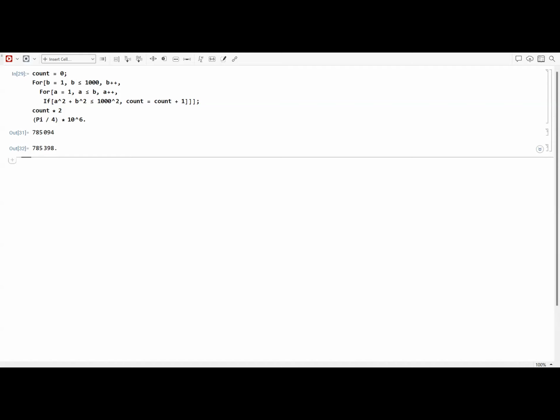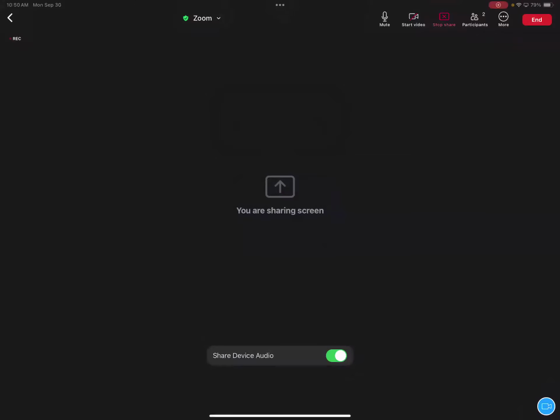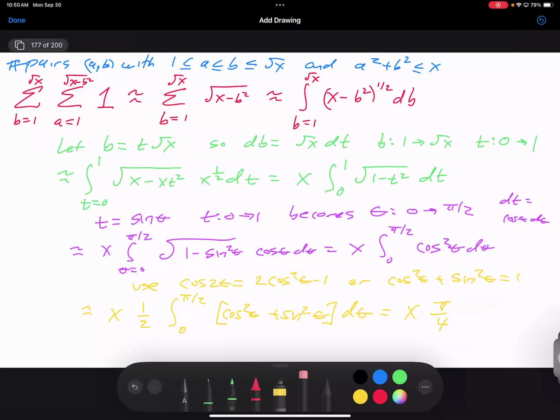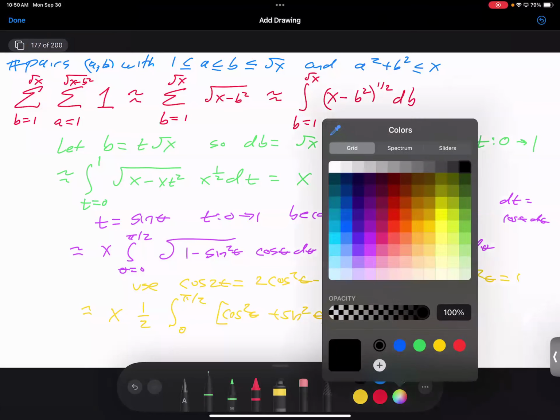So there seems to be a factor of 2 that I am missing. All right, so are we missing a factor of 2? I'll try to finish this really fast.